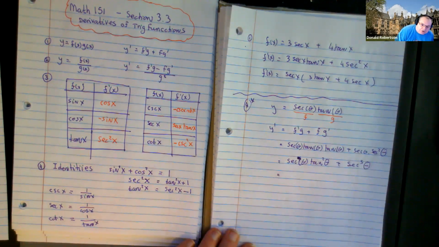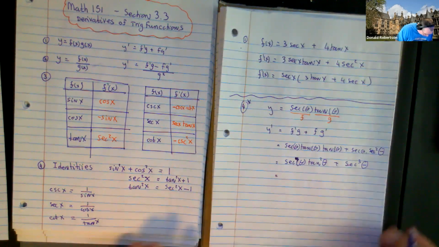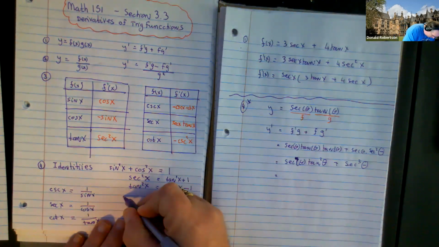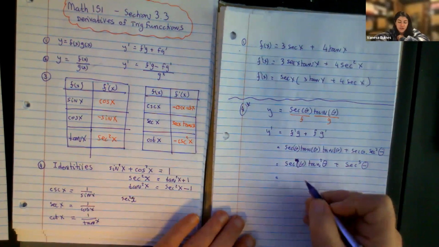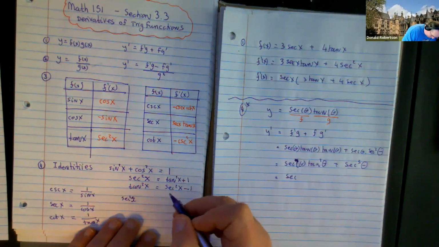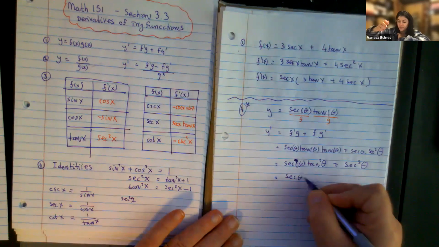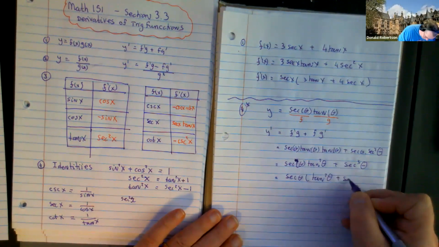Is there anything here that you might be able to pull out as a common factor? The secant, is there no exponent for it? None for that one, yes. You can pull out a secant, and that's going to leave you with, in this case, a tan squared plus a secant squared.